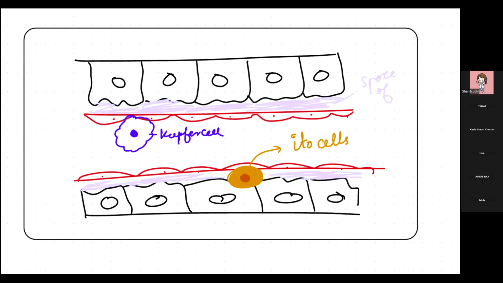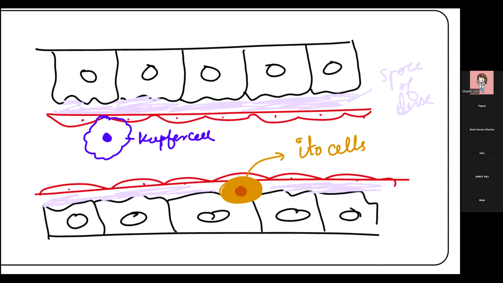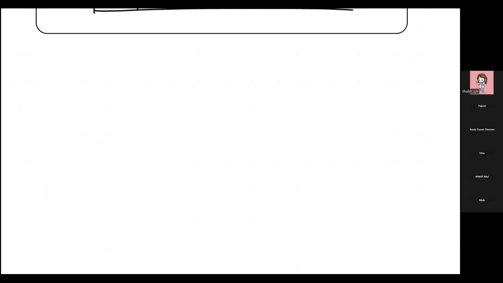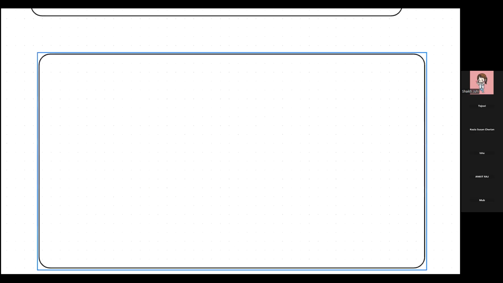So this is the histology part of this complete hepatocyte. Now, why have we gone through this complete histology? Let's see why we did that. We'll be discussing the Ito cells over here. What are these Ito cells and what are they doing?